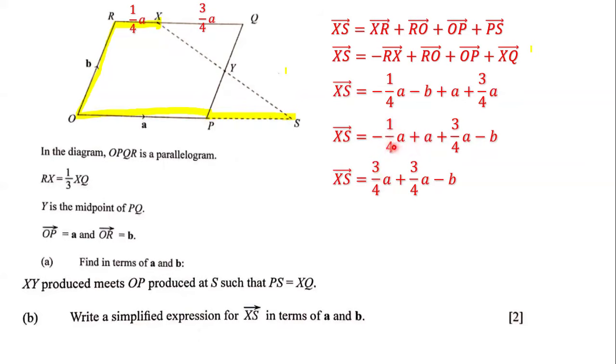Then 3 over 4A plus 3 over 4A gives us 6 over 4A minus B. We can simplify that some more, so XS is equal to 3 over 2A minus B. And that's our answer for part B.